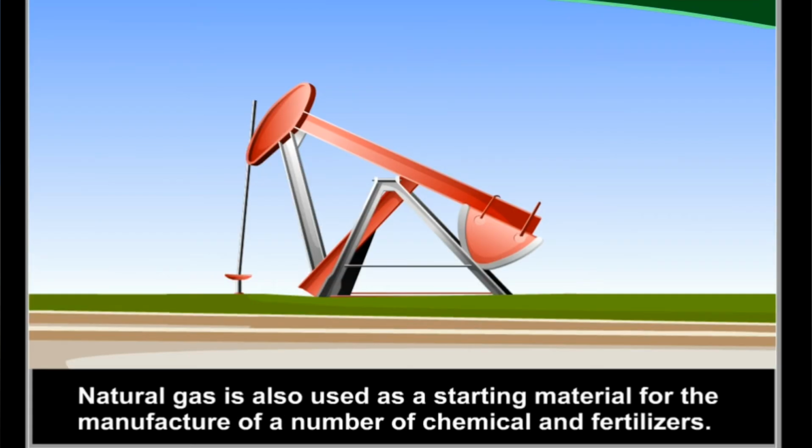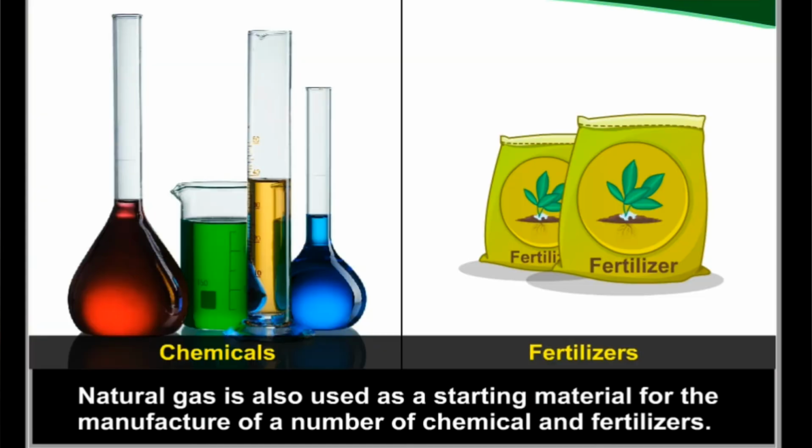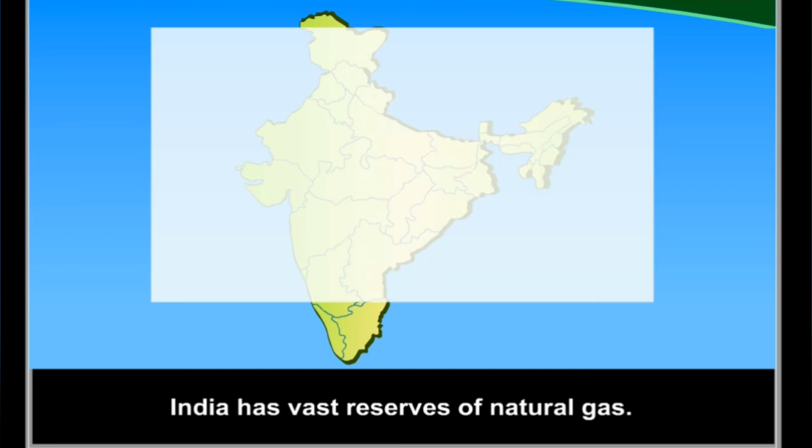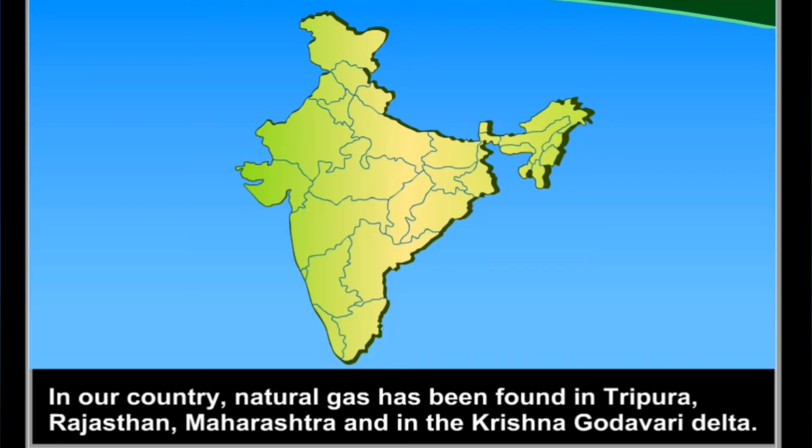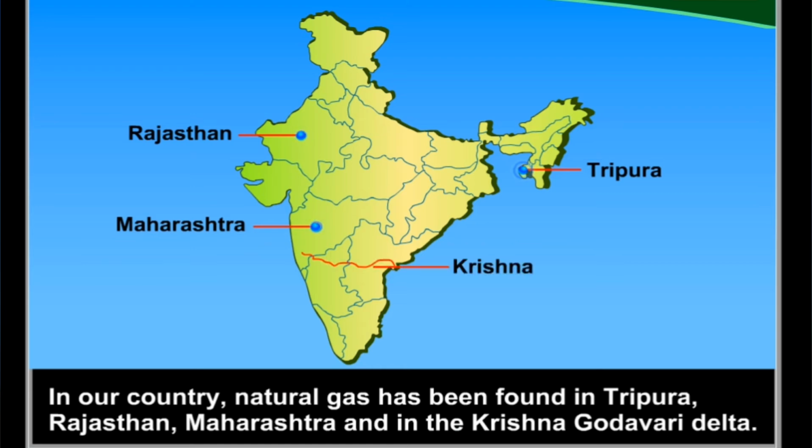Natural gas is also used as a starting material for the manufacture of a number of chemicals and fertilizers. India has vast reserves of natural gas. In our country, natural gas has been found in Tripura, Rajasthan, Maharashtra and in the Krishna-Godavari Delta.